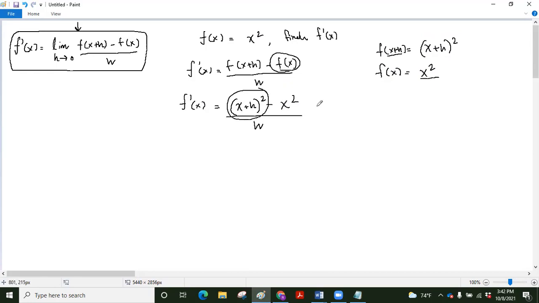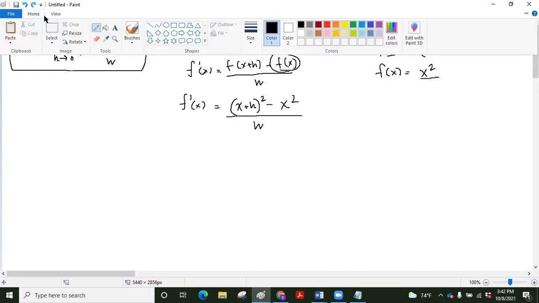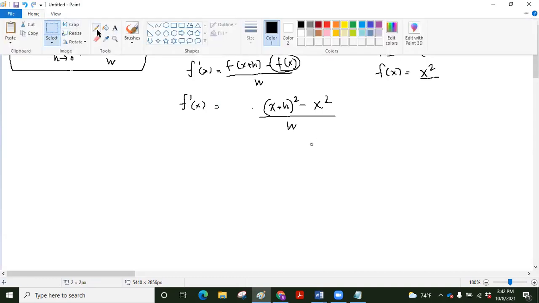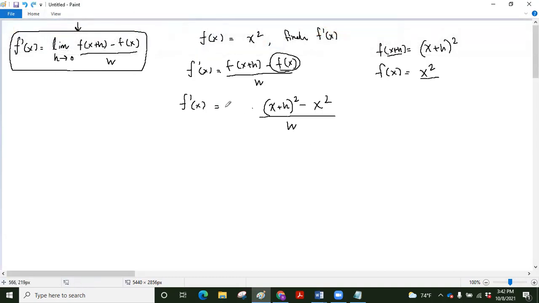Of course, I want to mention here, it's the limit of this. If you remember, there's the limit in this definition, so it should be here as well. It's the limit as h approaches 0 of this component here.